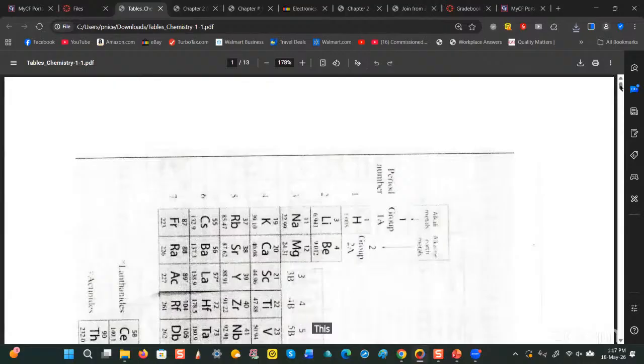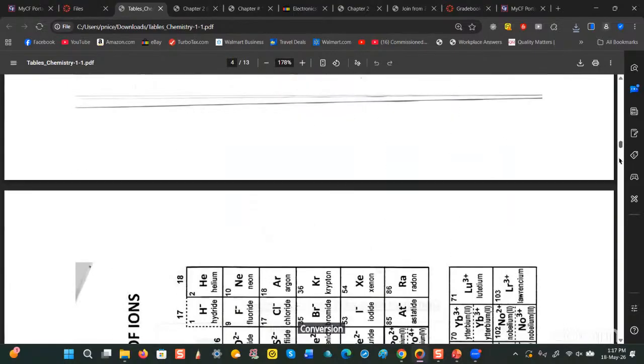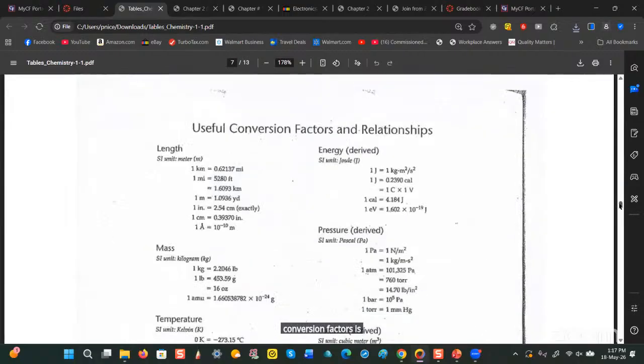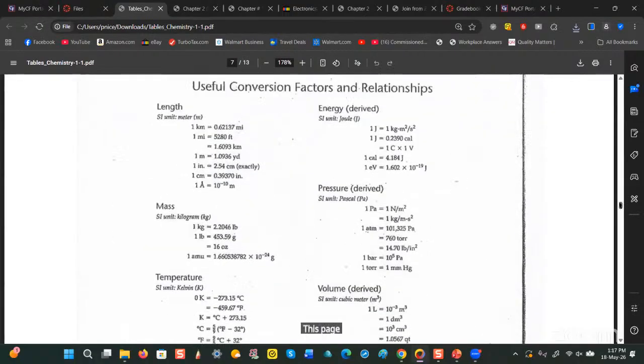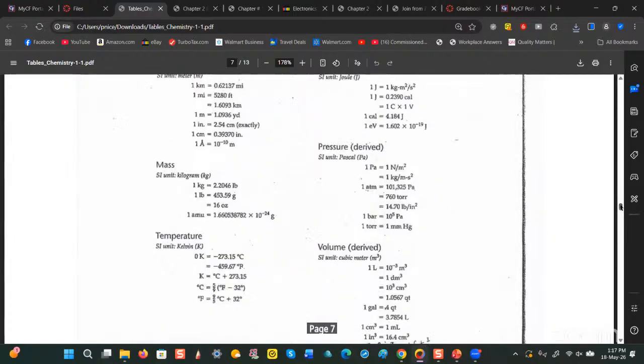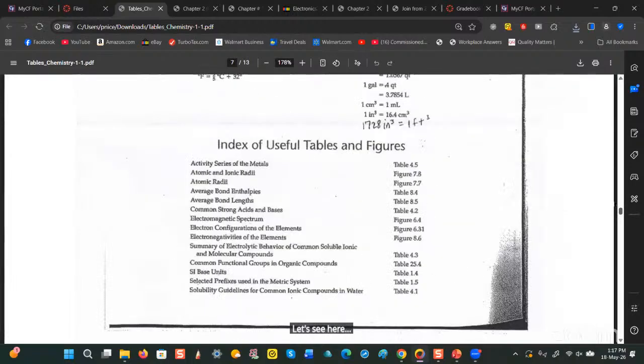And this is it. The page which has the different conversion factors is this page right here, page 7. Okay, so yeah, it's page 7.